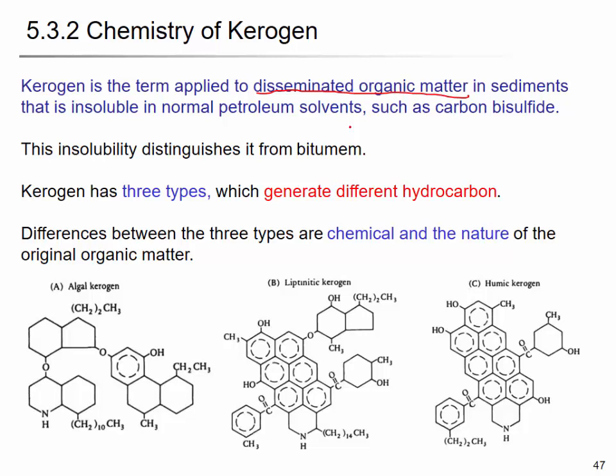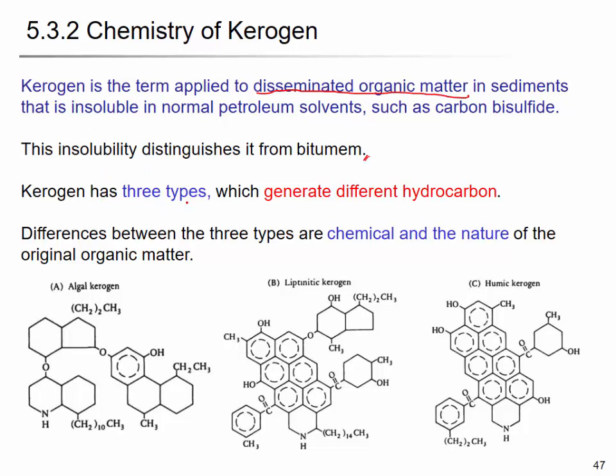So if you find kerogen in the rock, then you also find the source rock that may have produced the hydrocarbon. And this insolubility distinguishes it from bitumen. So bitumen is a very thick asphaltene material, right, like the oil sand. And this bitumen can be dissolved in petroleum solvent, but kerogen is not.